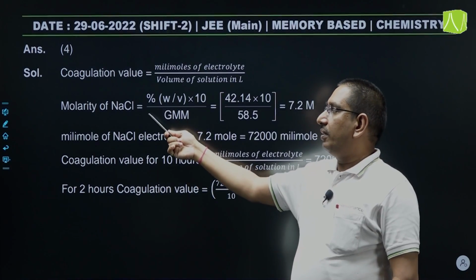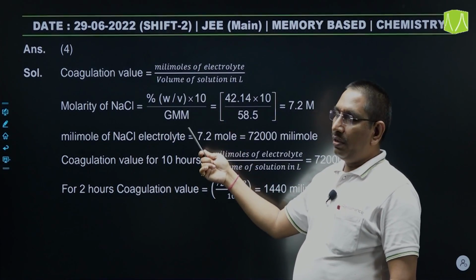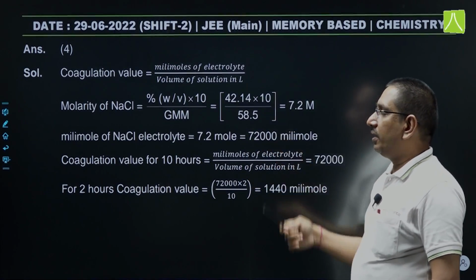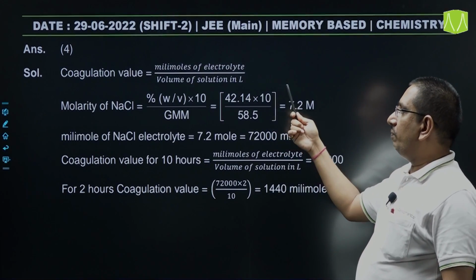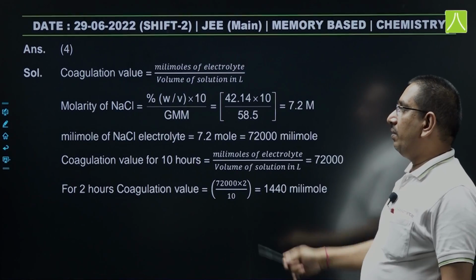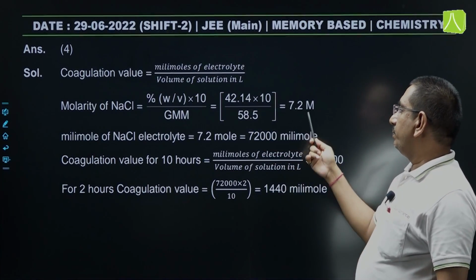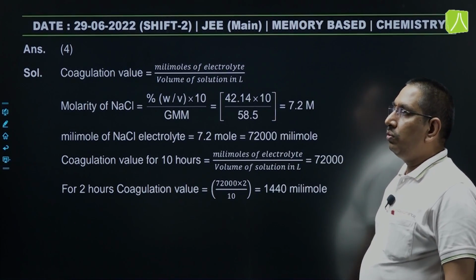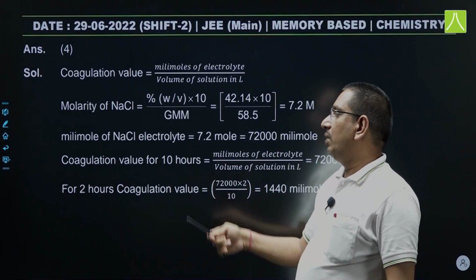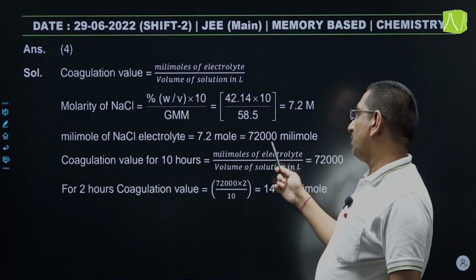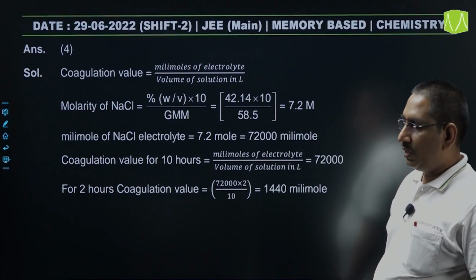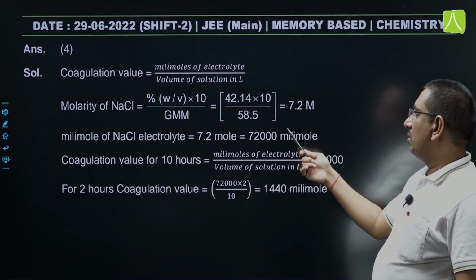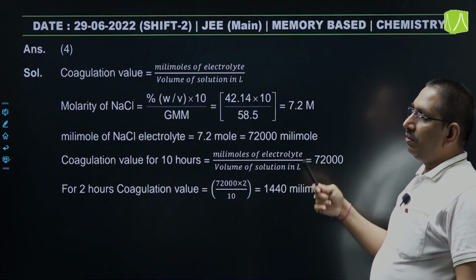So, इनसे molarity फाइंड कर रहे हैं, weight by volume percentage into 10 by gram molar mass, it will give you the molarity of NaCl. If you substitute the data given 42.14% weight by volume into 10 by 58.5 molar mass of NaCl and it will be equal to 7.2 molar. अब इसमें ये 7.2 molar means number of moles of electrolyte will be 72,000 millimoles होगा and coagulation value for 10 hours is number of millimoles 72,000, volume of solution 1 liter.